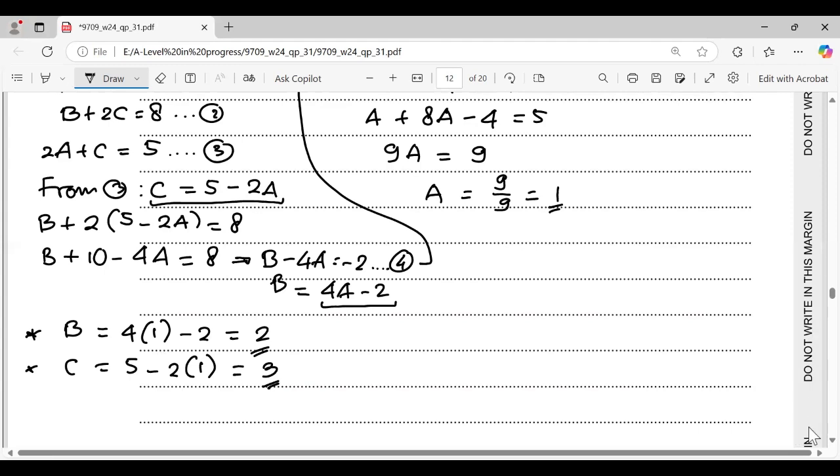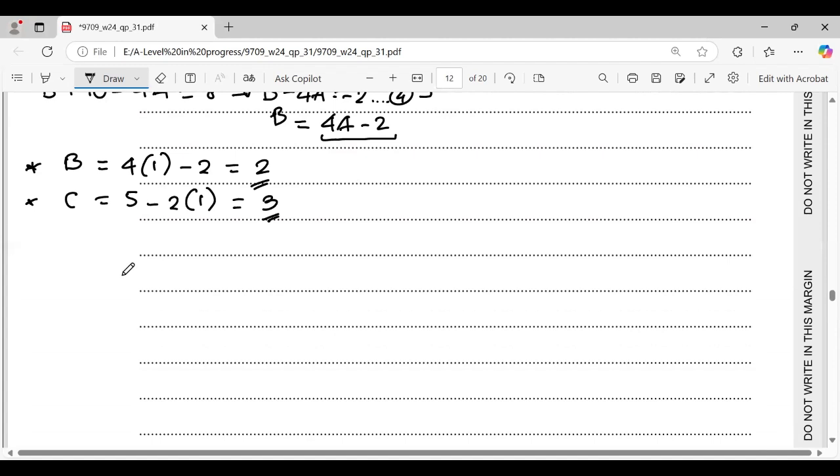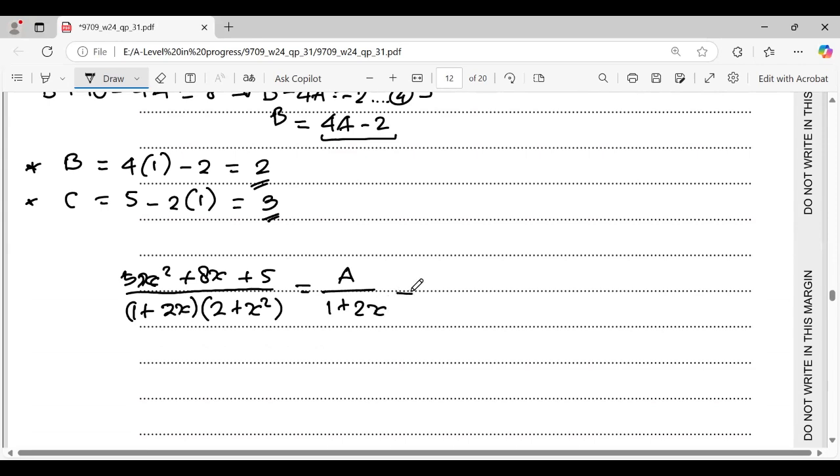So the equation 5x squared plus 8x plus 5 over 1 plus 2x, 2 plus x squared, equals a over 1 plus 2x plus bx plus c over 2 plus x squared.